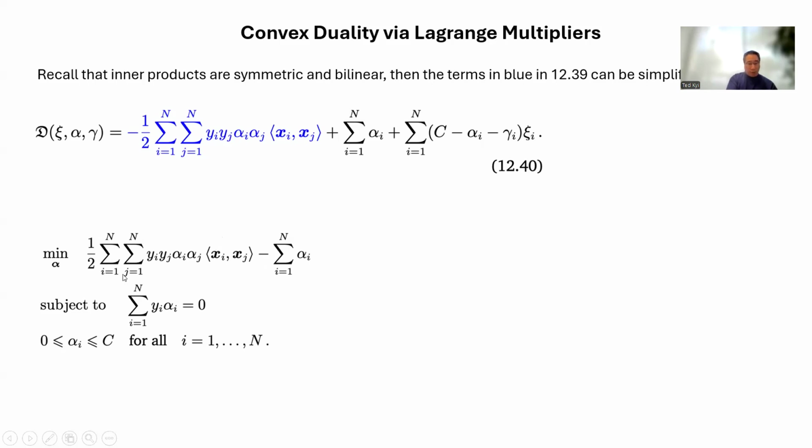So when we sum over all possible i and all possible j values, if there's capital N examples, we're going to have n squared of these inner products. And the inner product is symmetric, so i inner j is equal to j inner i. Nevertheless, just in terms of the way this is written, there's going to be n squared of them. And we're trying to minimize this whole summation.